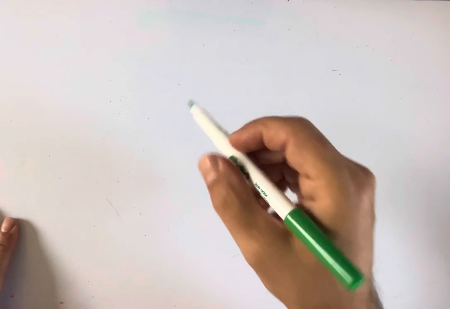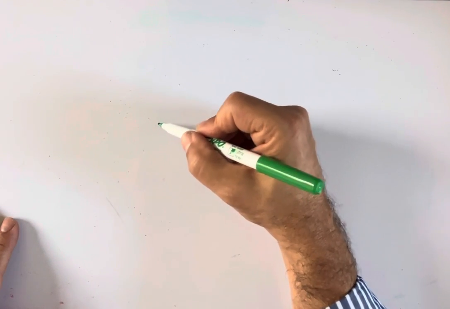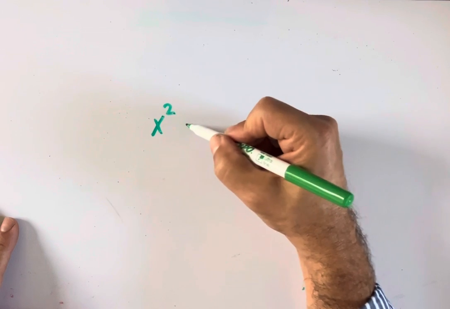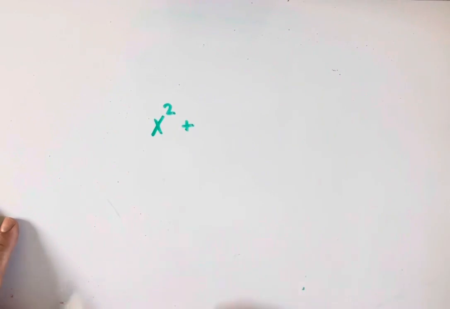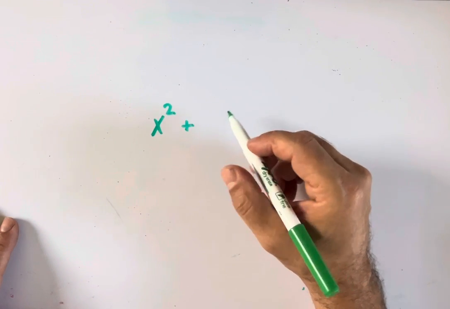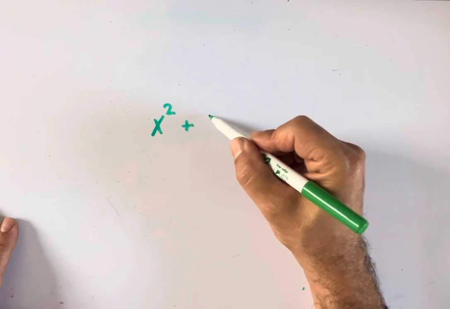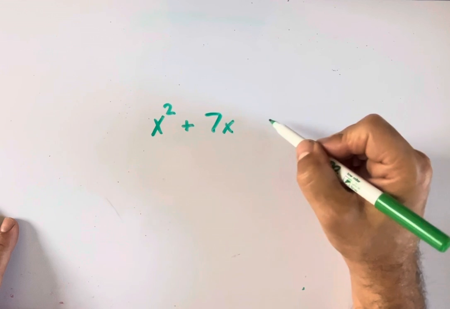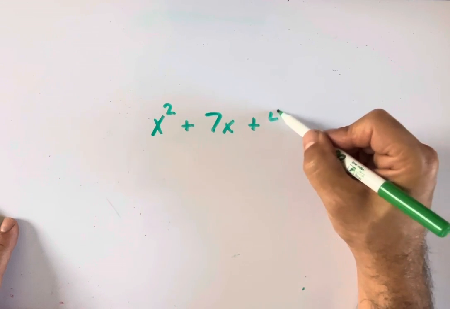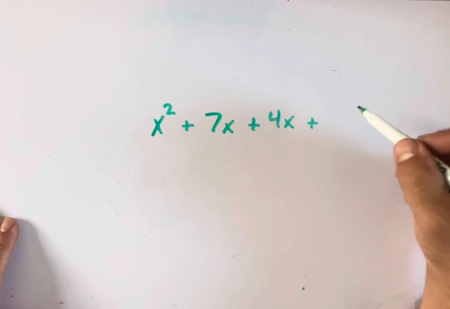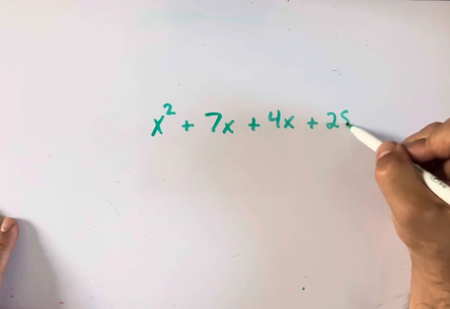The only other type of factoring we did was to do some regrouping. So if we look at something like this, let's go with x cubed plus 7x squared plus 4x plus 28.